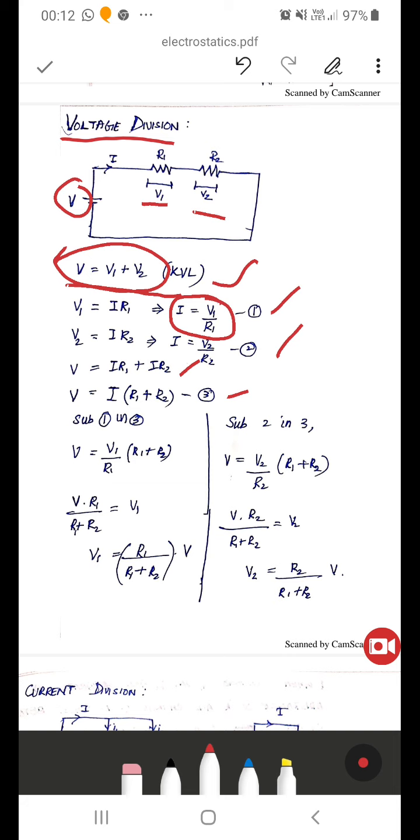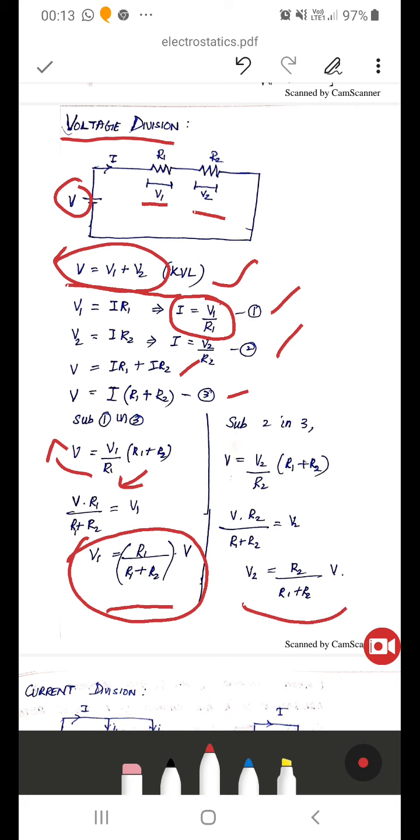To get the value of V1, I'm taking R1 to this side and R1 plus R2 to the denominator. So I end up getting V into R1 divided by R1 plus R2. I am rearranging this as R1 by (R1 plus R2) into V. This is the voltage drop V1 across the resistance R1. Similarly, we get V2 is equal to R2 by (R1 plus R2) into V.